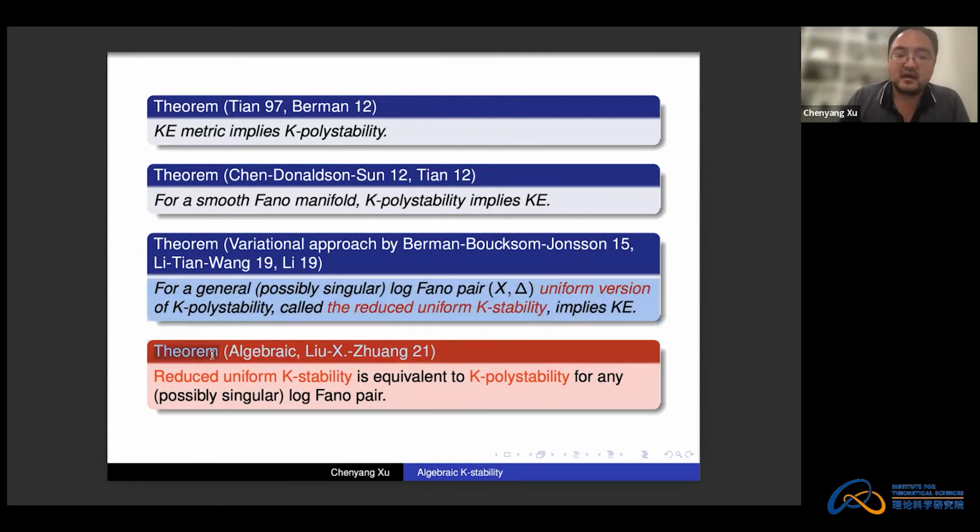But the downside of that is it only works for the smooth case. But the extra information given by the CDS-Tian was completely in a different geometry level. So in the algebraic geometry level, all the results which follow from CDS-Tian can also follow from the two theorems later, but the two theorems later can also cover the singular case. So that's kind of the difference.